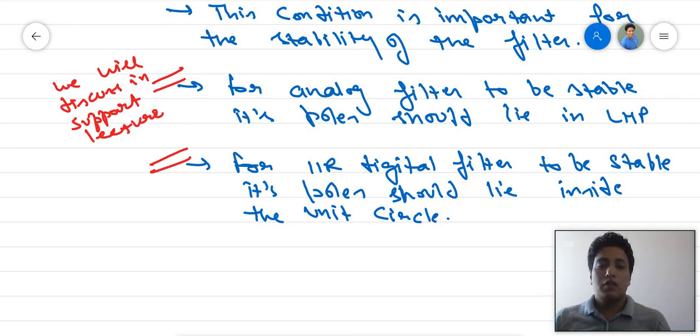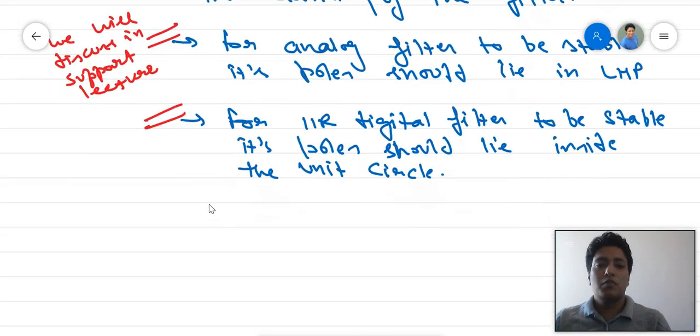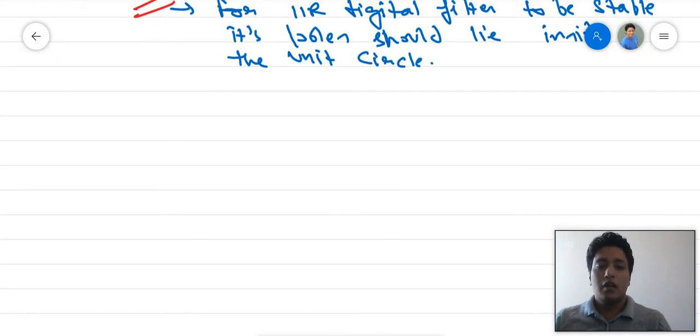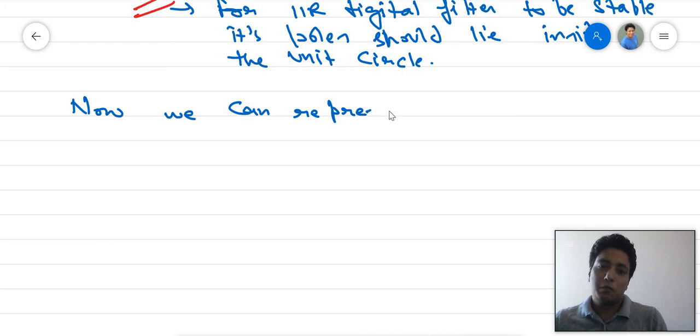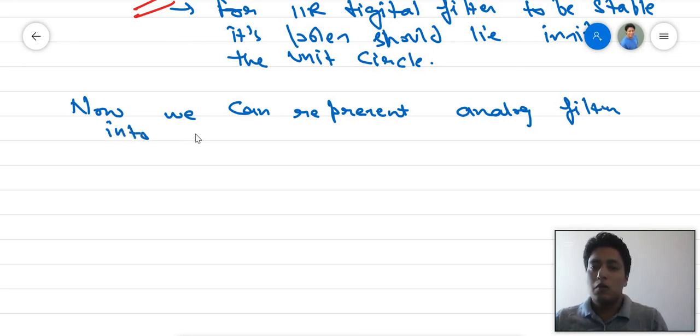After the conditions for the transformation between S and Z, now we can represent the analog filter in multiple forms.